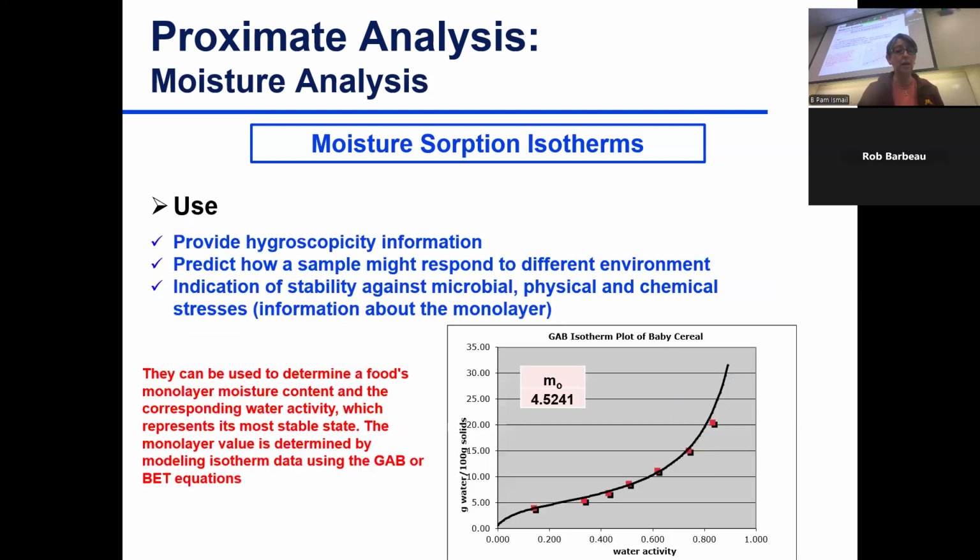On this slide, somewhere I put the BET equation. BET is a linear relationship, and usually it's only accurate between 0 and 0.5. GAB gives accurate prediction over a wider range of water activity. I won't ask this question, but I'll just let you know because you asked. So BET and GAB are both based on the names of the mathematicians.